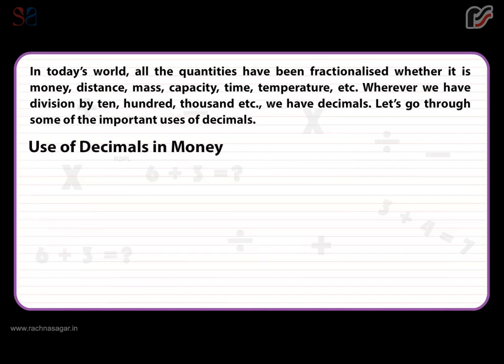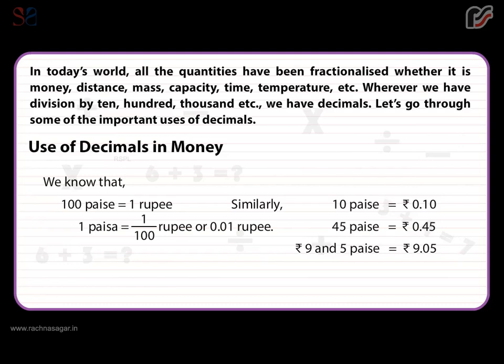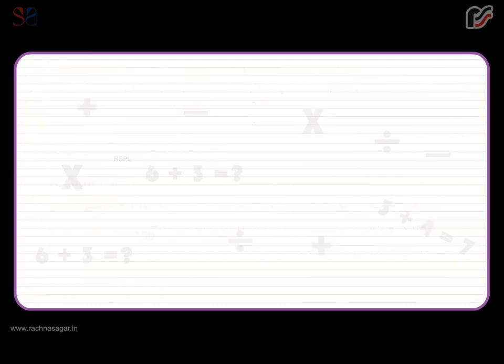Use of decimals in money. We know that 100 paise is equal to 1 rupee. Therefore, 1 paisa is equal to 1 upon 100 rupee or 0.01 rupee. Similarly, 10 paise is equal to 0.10 rupee. 45 paise is equal to 0.45 rupee. 9 rupees and 5 paise is equal to 9.05 rupees.